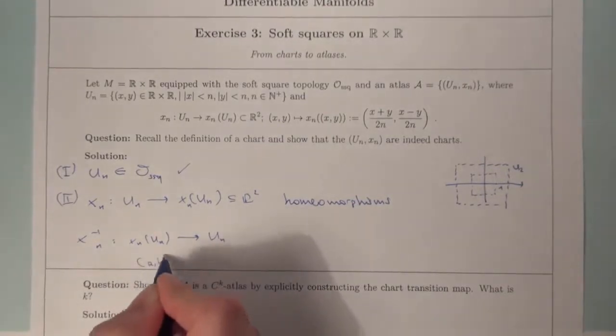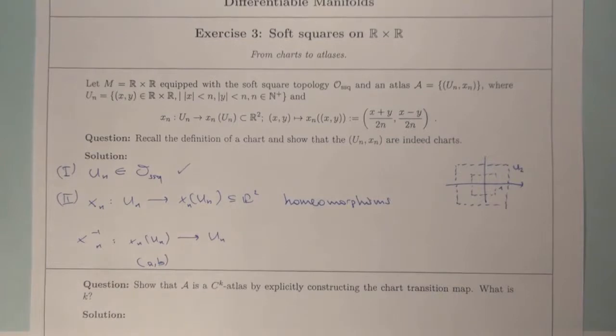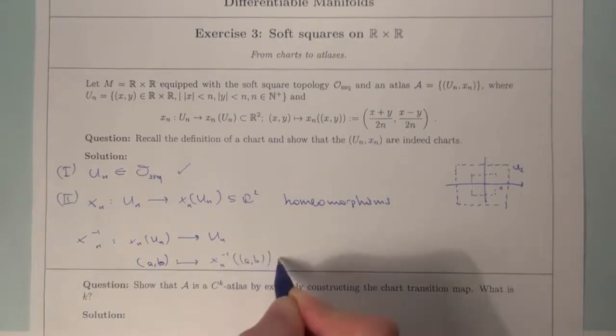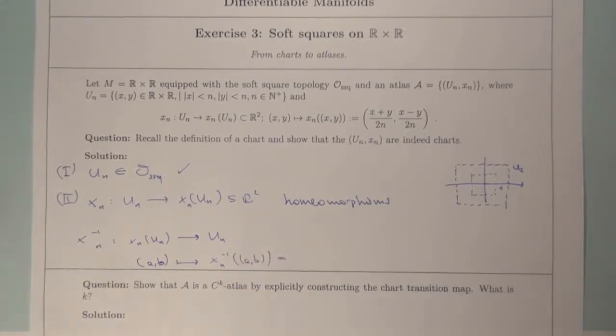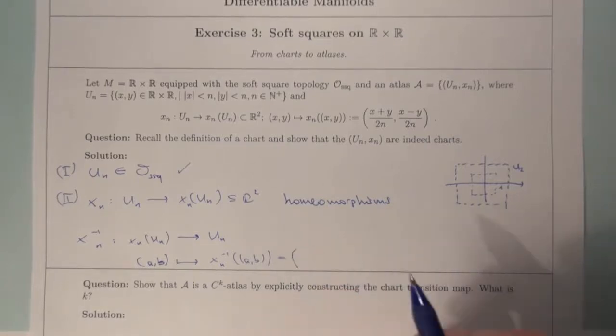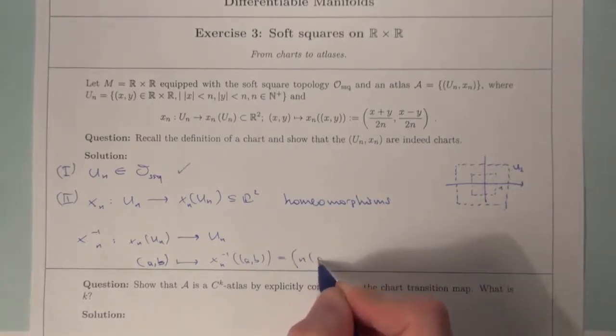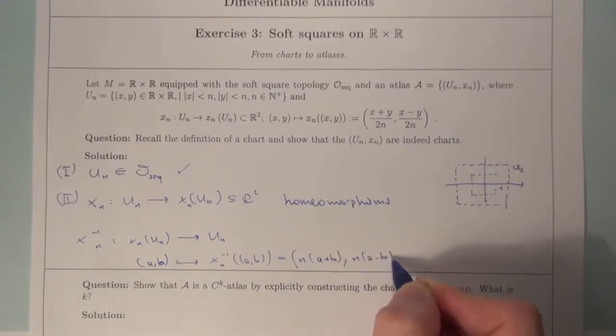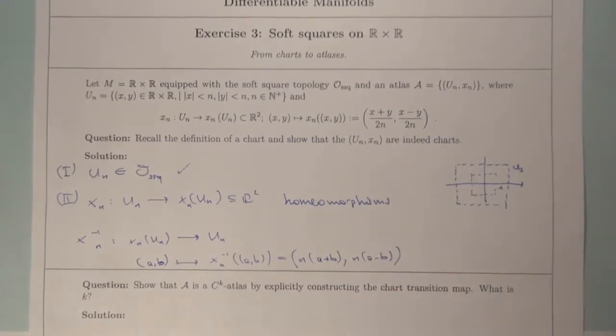So it picks tuples and they are mapped to, now we need to calculate the inverse functions, and I did this already, and this is n times a plus b and n times a minus b. And these are, of course, continuous. Therefore, U_n, x_n are charts.